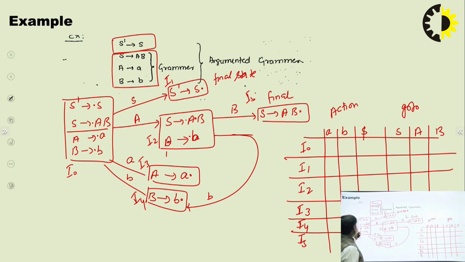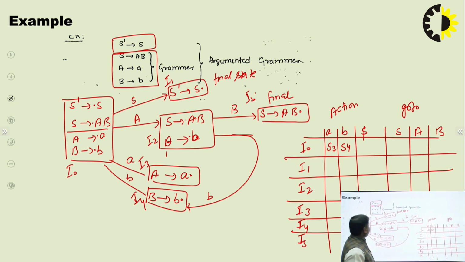Now in I0, on input a, we move to I3, that is shift 3, and on state b we move to state 4, that is shift 4, and no state from the dollar.